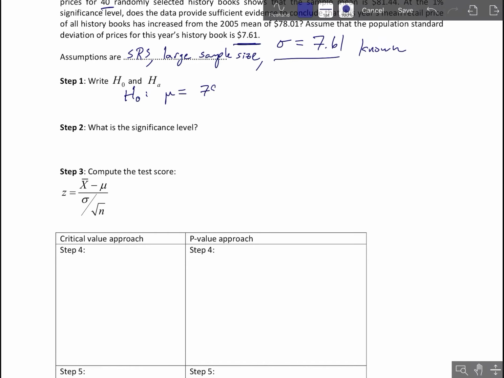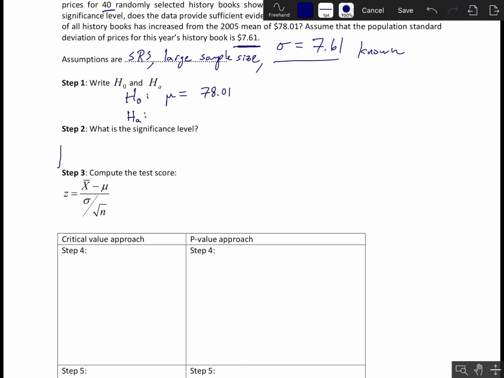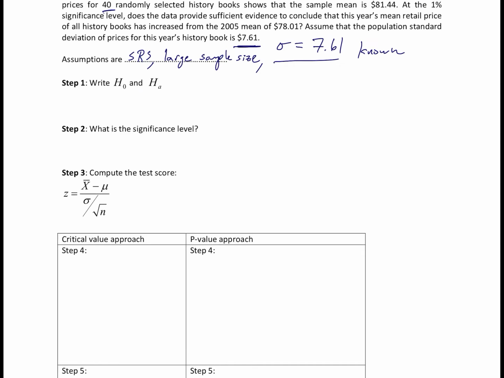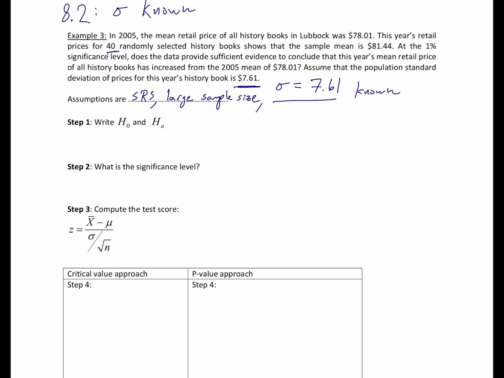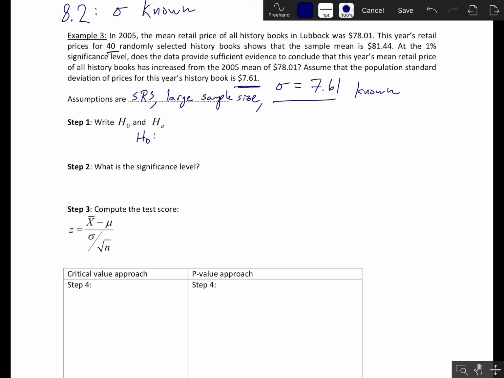The null hypothesis is always given by equality. So this would be mu is equal to the old mean, which is 78.01. And the alternative hypothesis that we're supposed to be testing is whether the mean for this year has increased from the old mean.